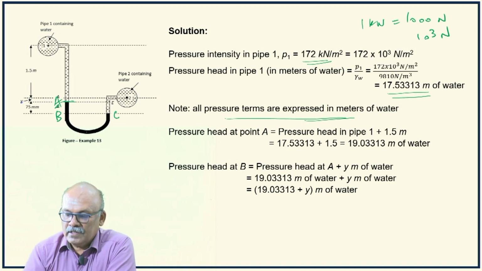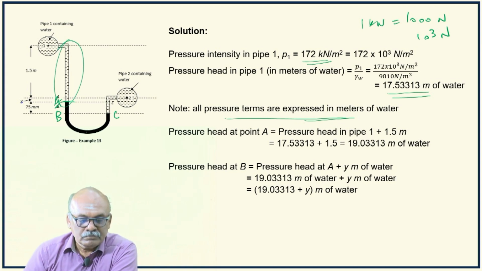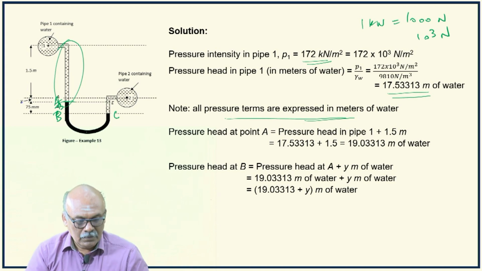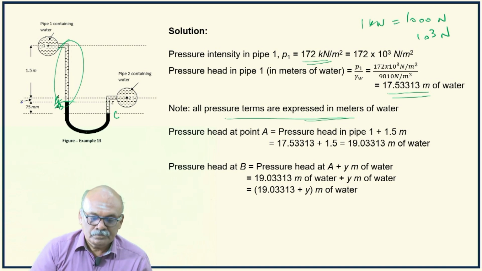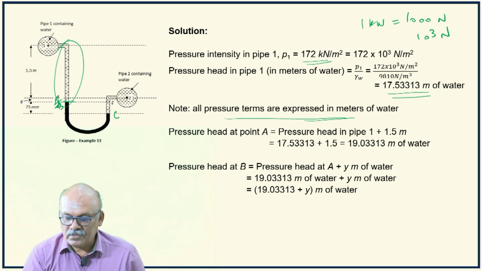So, pressure here at A is equal to pressure here in pipe 1 plus 1.5 meters, the difference between 1 and A. Then pressure here at B is equal to pressure at A plus Y meters of water. Sorry, B is here, so this is A and B.